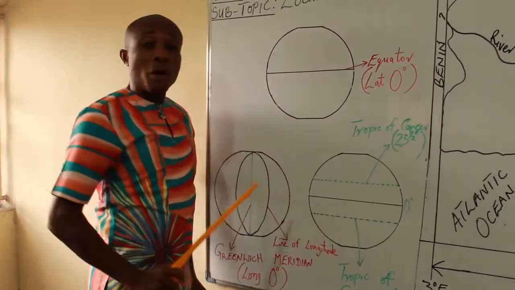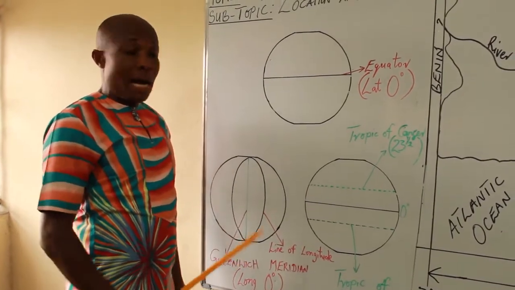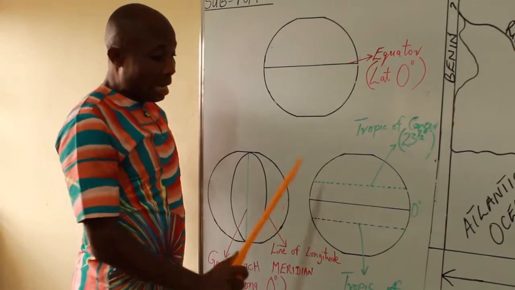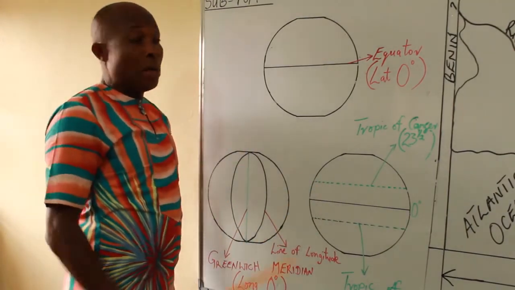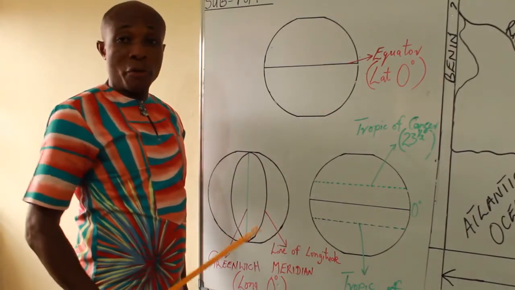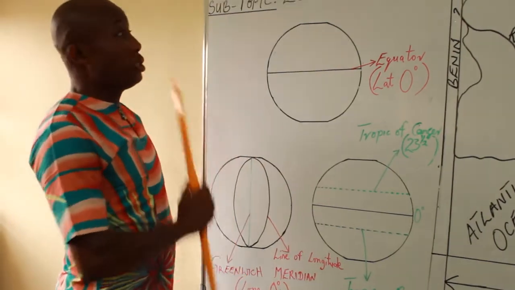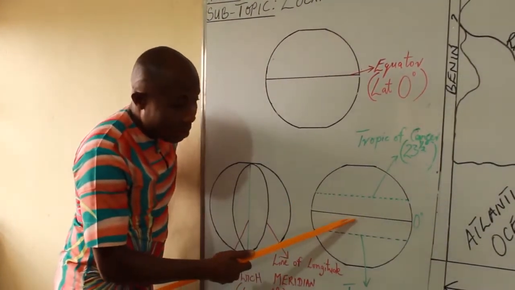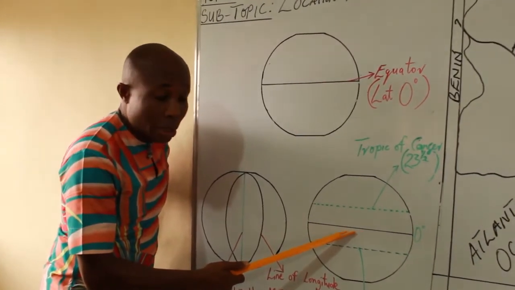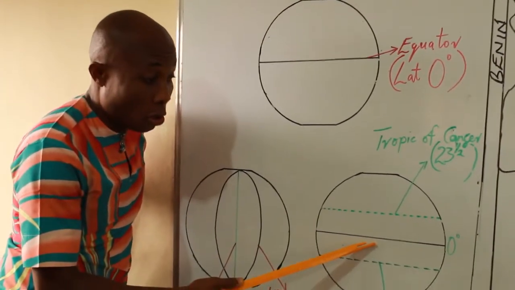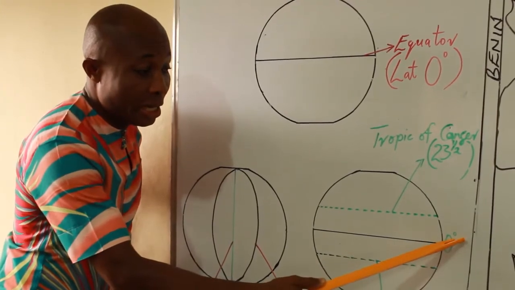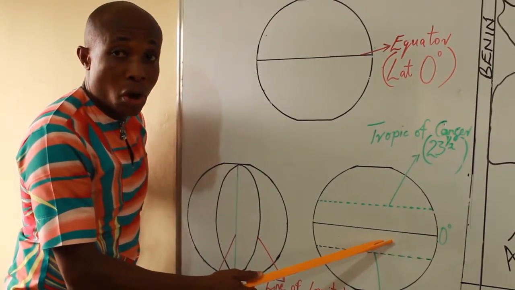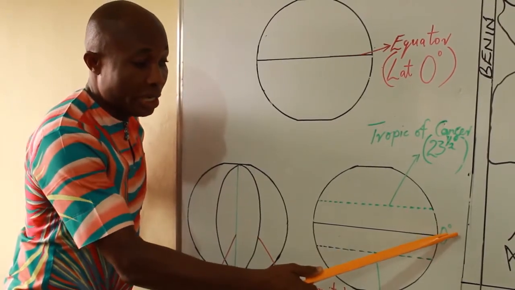shows the lines of latitude, and we have three cardinal lines of latitude that we are going to make use of because of the position of the country Nigeria, which is our topic for today. We have the first one in black color, which is 0 degree, and you can remember I called it the equator, or lat 0 degree.